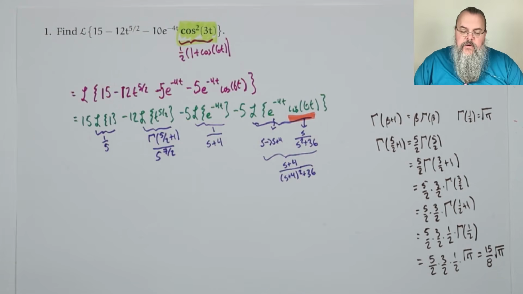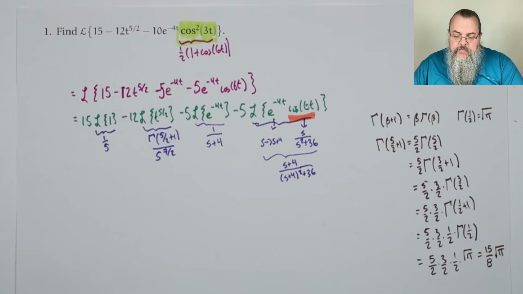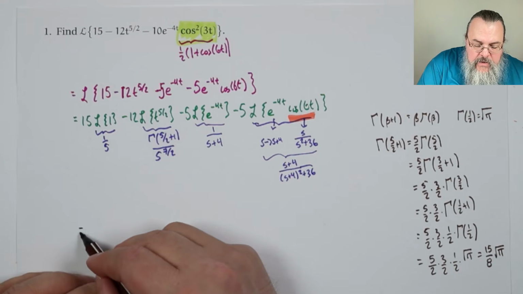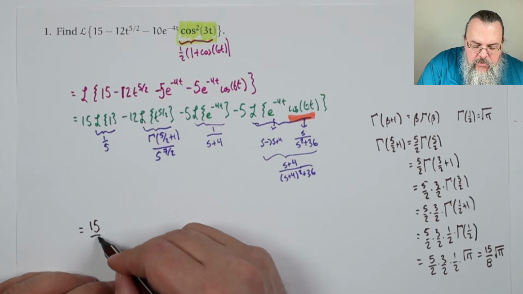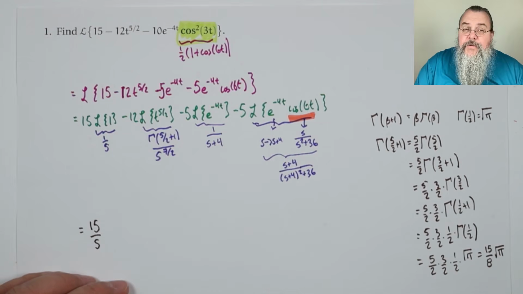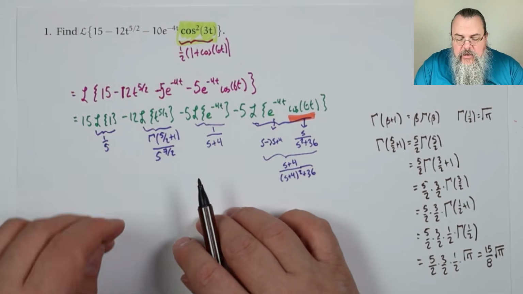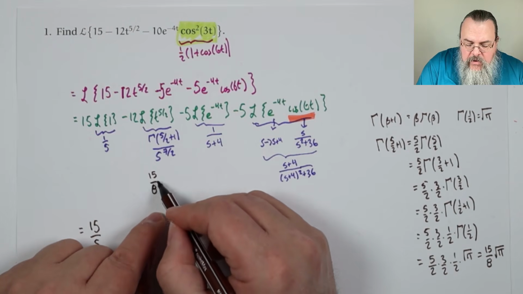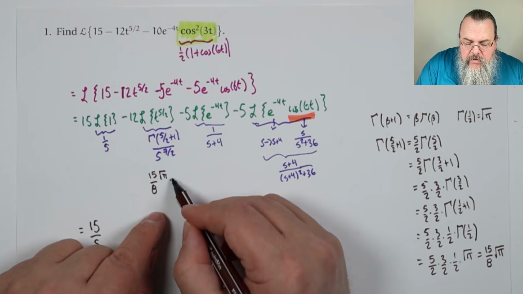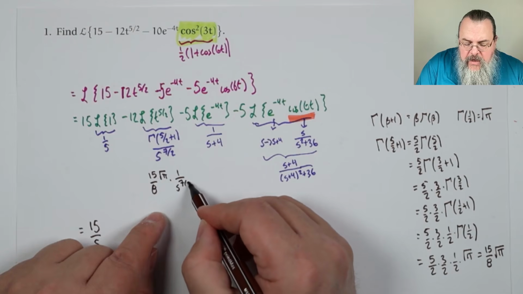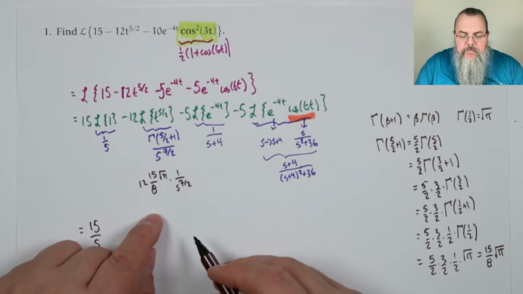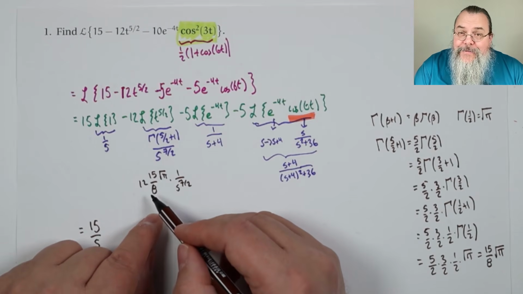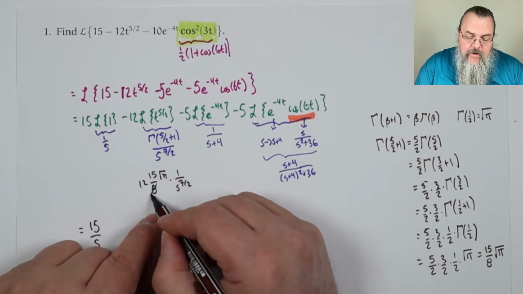All right, so what do we now have? Let's see if we can clean this up. We have 15 over s, that's our first term. Now here, this is 15 over 8 square root of pi, there's a 1 over s to the 7 halves, and then in front there's a 12. Now, 12 and 8 have a common factor of 4, so we can knock out a 4.